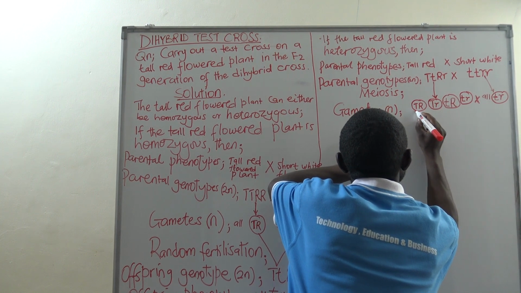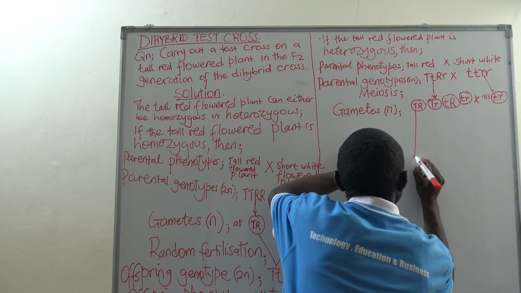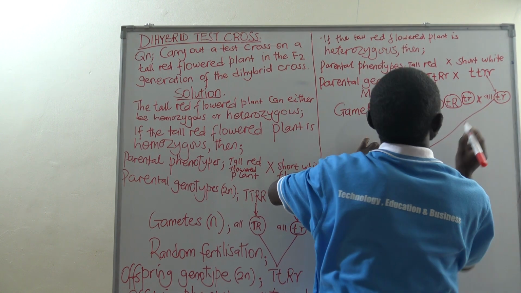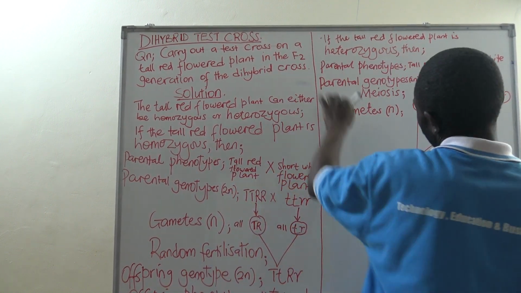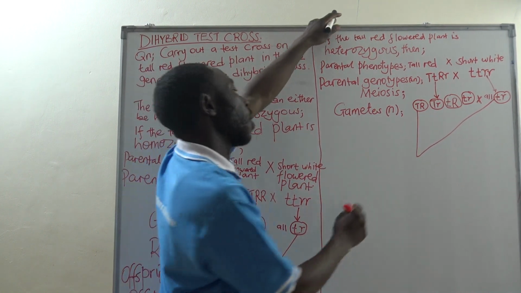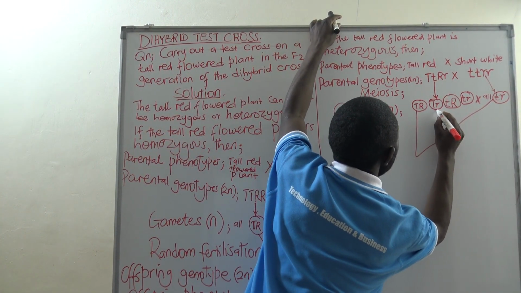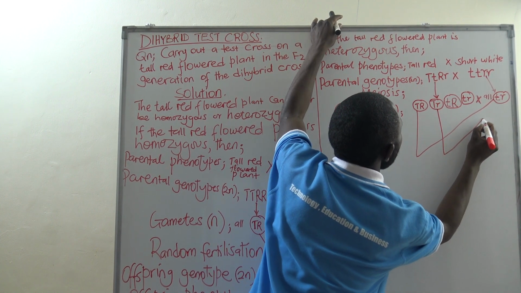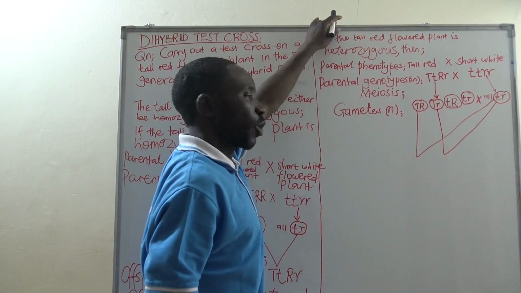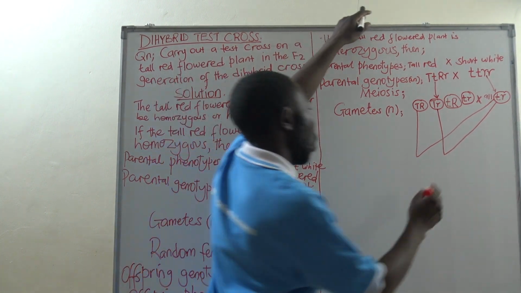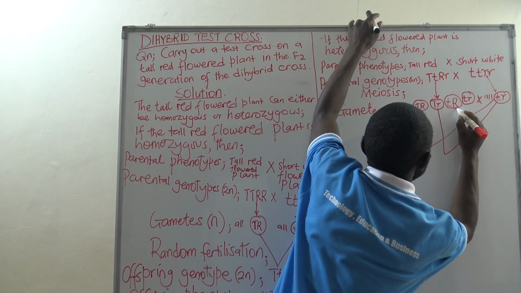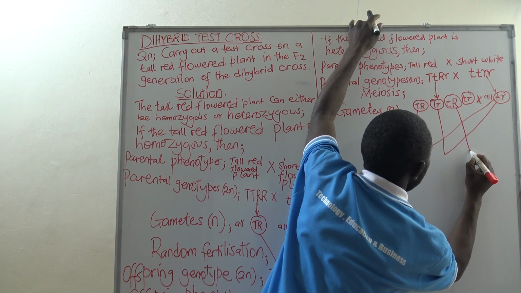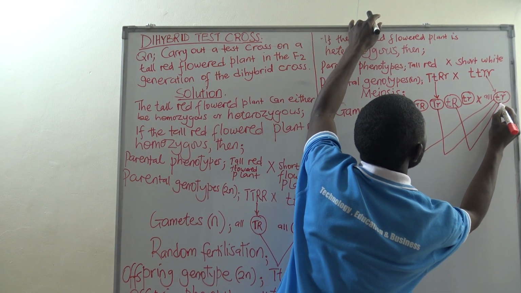We shall have this gamete cross with this one here, then the other one also, this one here, will cross with the same gamete as shown on the board. Also, this allele combination will cross with the same gamete.